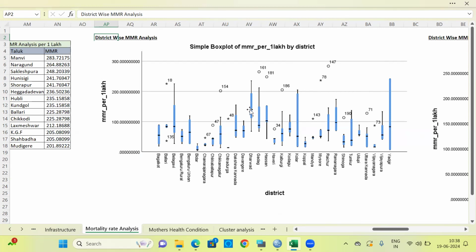When it comes to the average, I can confidently say that Dharwad is the one district which has the highest MMR. When it comes to the lowest value, looks like Bidar, Chitradurga, as well as to a large extent, Vijayanagara district, wherein the MMR is relatively on the lower side.